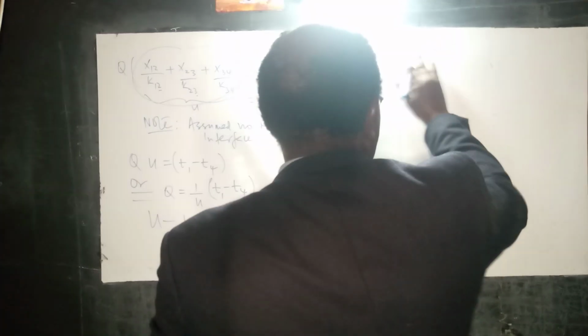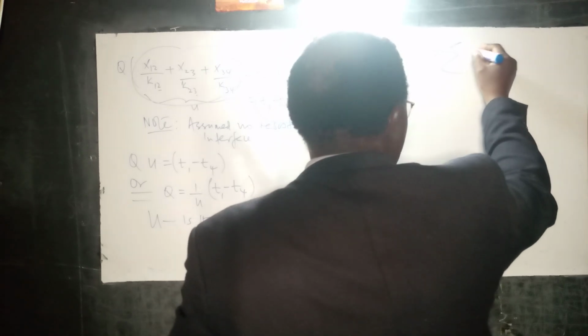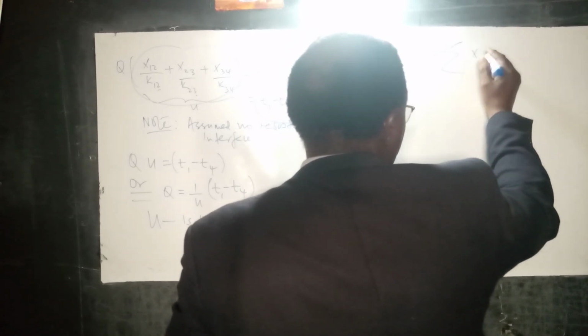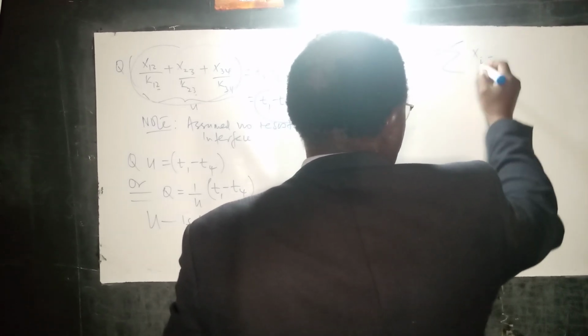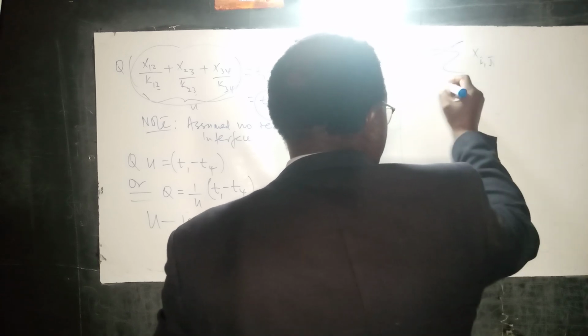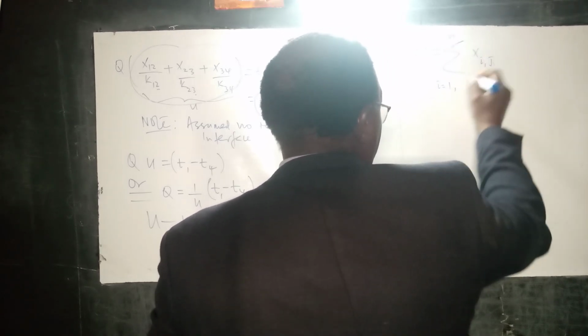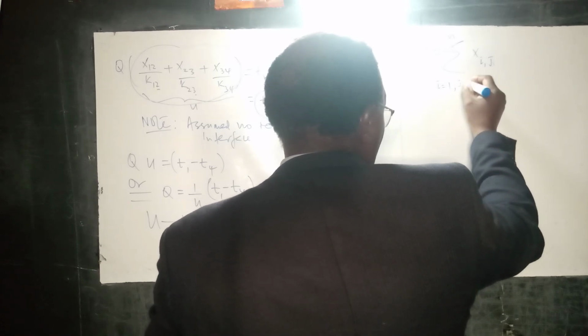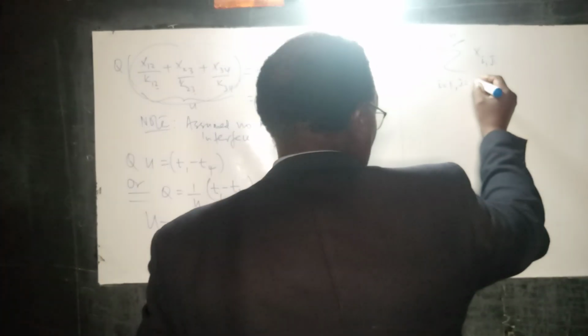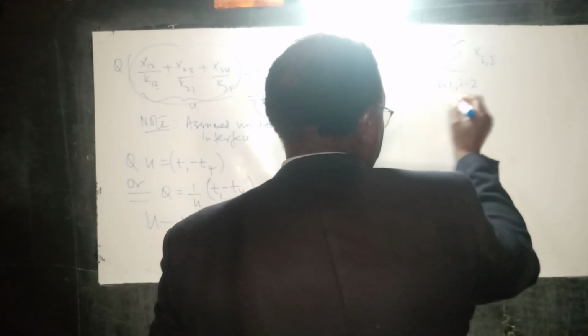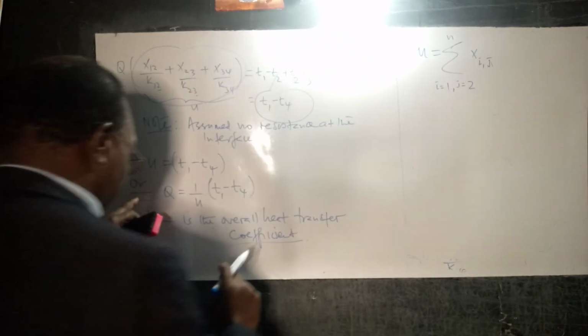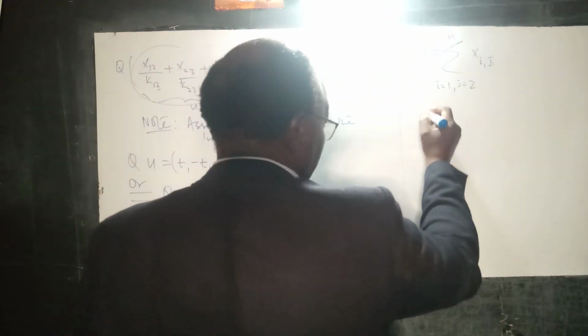We can express this U in terms of summation, the sum of X_ij over K_ij, where i equals 1 to n, and j commences from 2 to n. And so we can have that as our U.